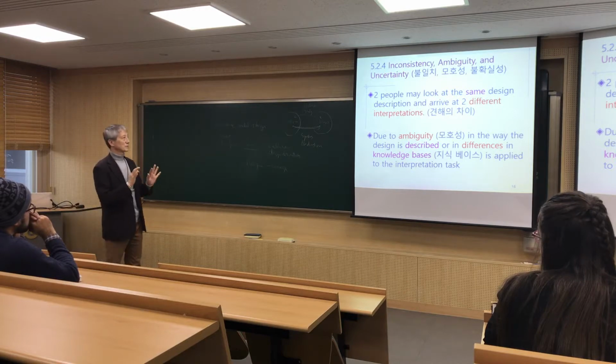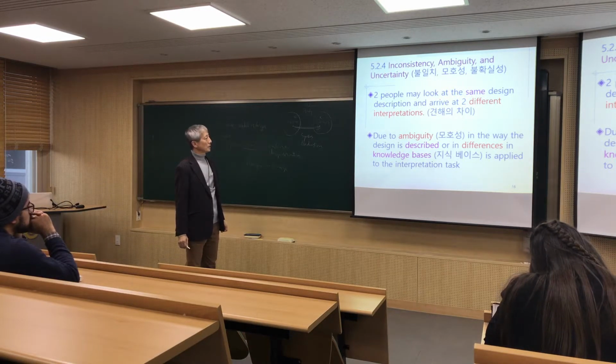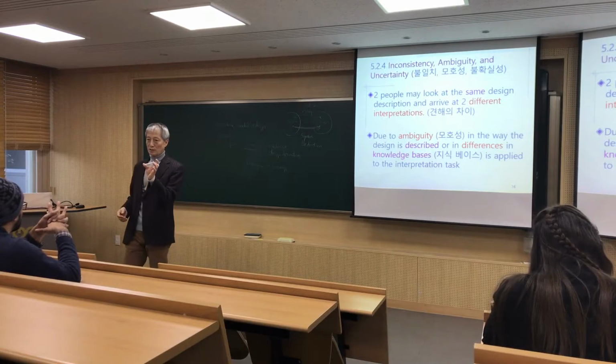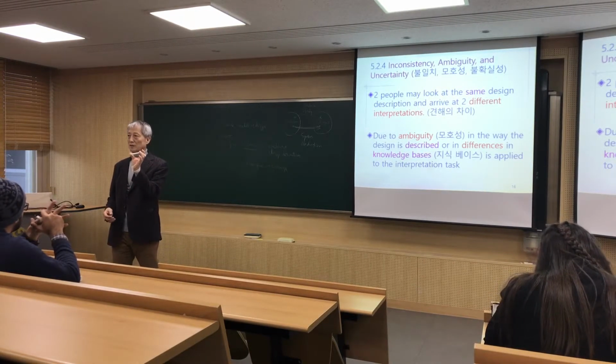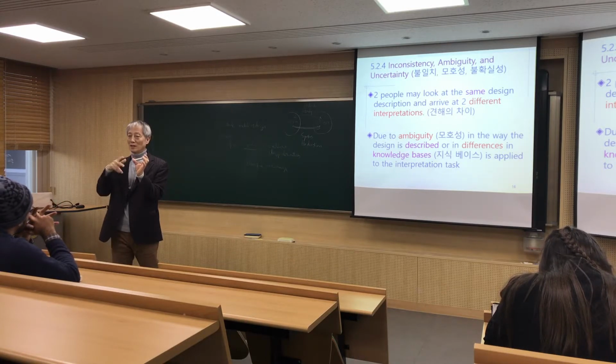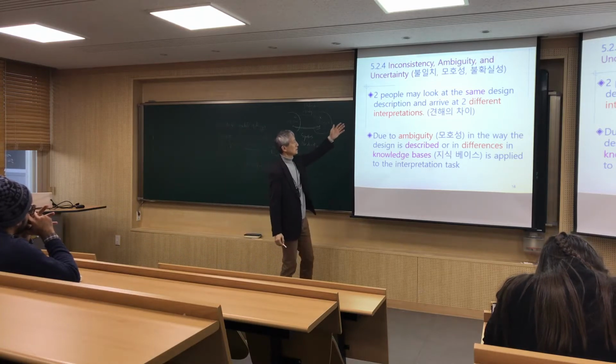But different, but similar. Two people may look at the same design description and arrive at two different interpretations. Whether this one can collapse or not collapse. There is one single correct answer, but we don't know, and every person can have a different interpretation of this.